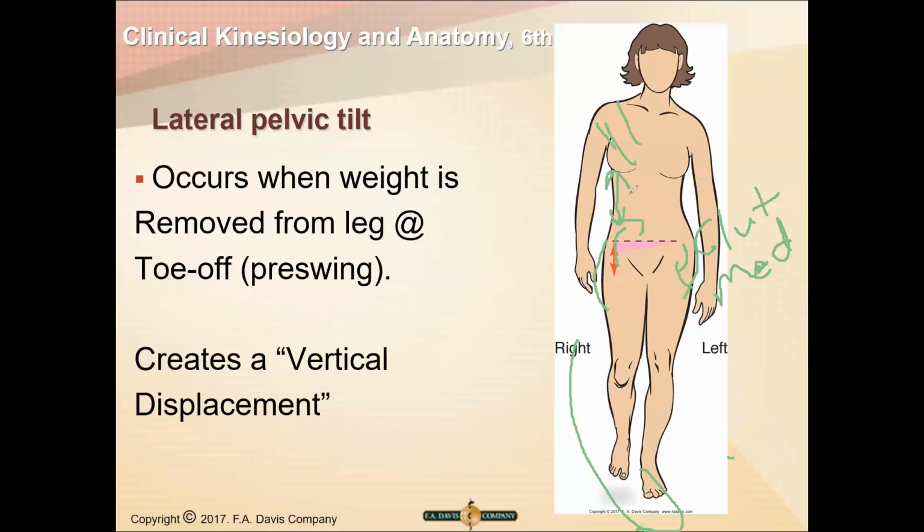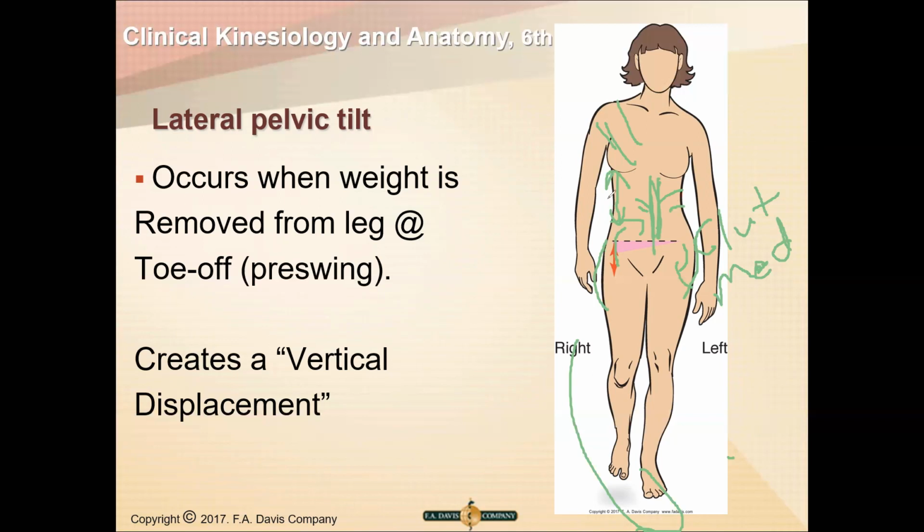What's the one that's deep in the back there? Oh, come on. Somebody's got to get it. Obliques are in the front. They're shallow. Rectus is here. Quadratus lumborum. There we go. Good. The lumbar quadrant. Quadratus lumborum.